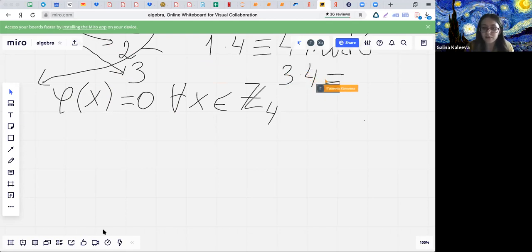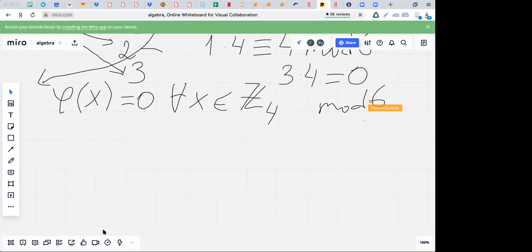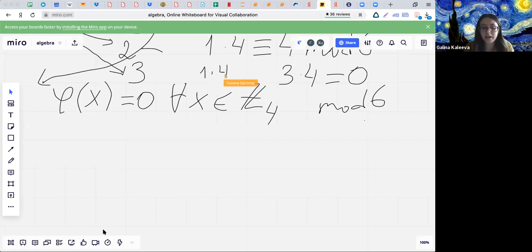And this is 12, and this is 0 modulo 6. This is 0 both modulo 4 and modulo 6. Here we have 1 by 4, and here 3 by 4, for images. And this is 0, and this is not a problem.